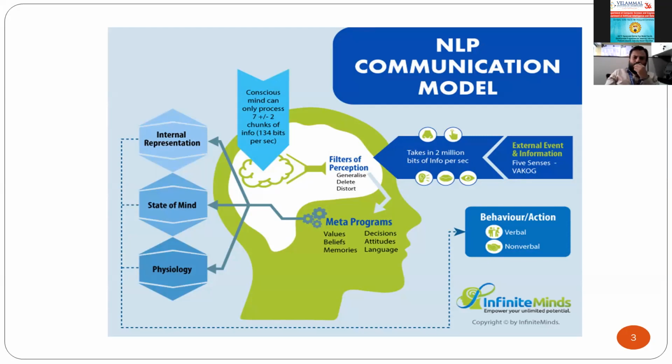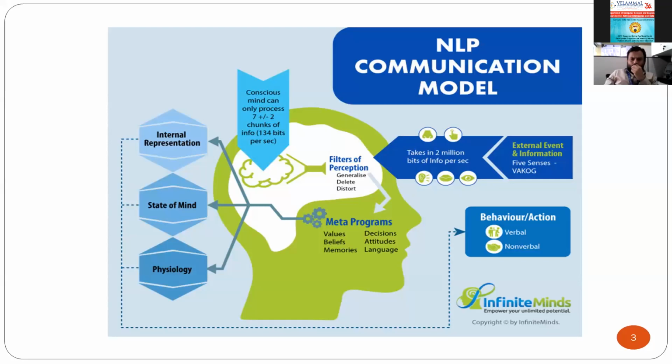Then based on that, it will form an internal representation. It will process the state of mind. Then physiology. Then last one, based on the different types of values, beliefs, memories, decisions, attitudes, and language, it will convert it into behavior and action. Okay, so there is a general communication model.